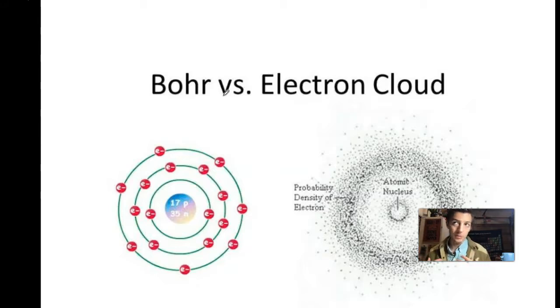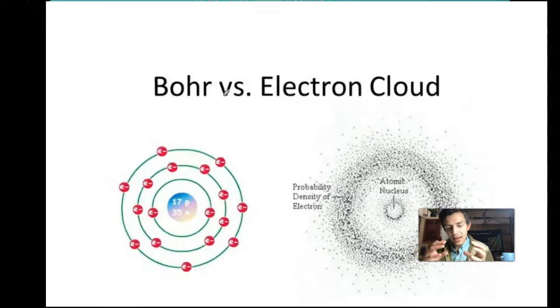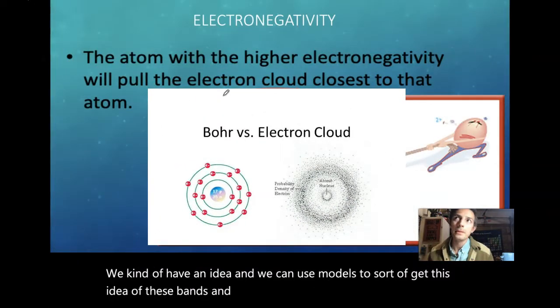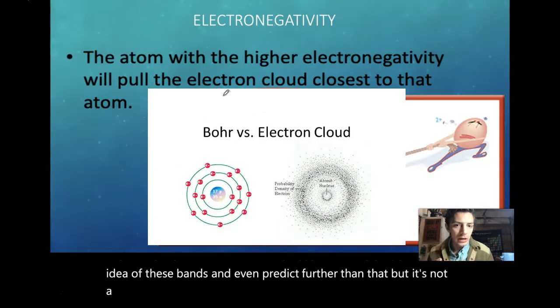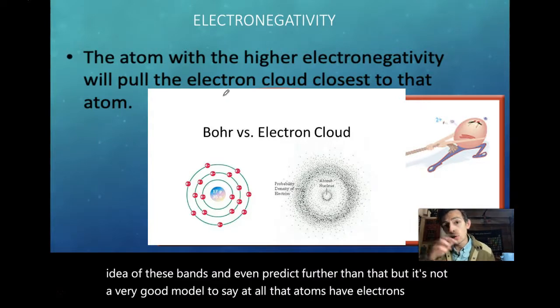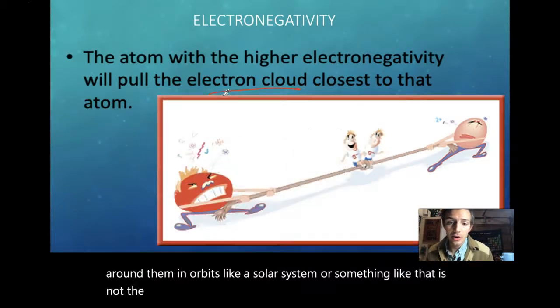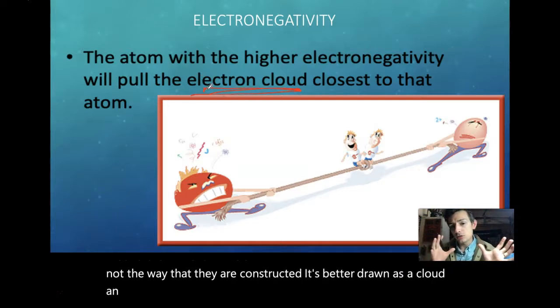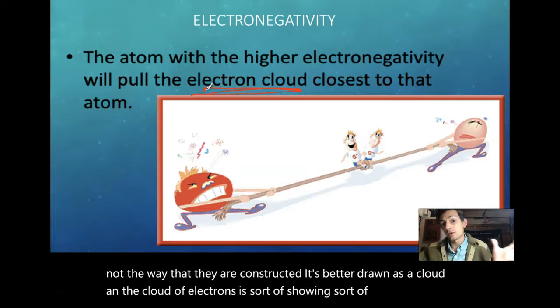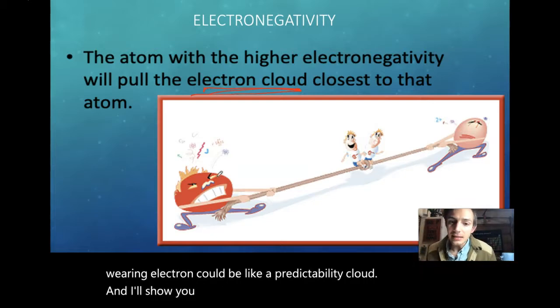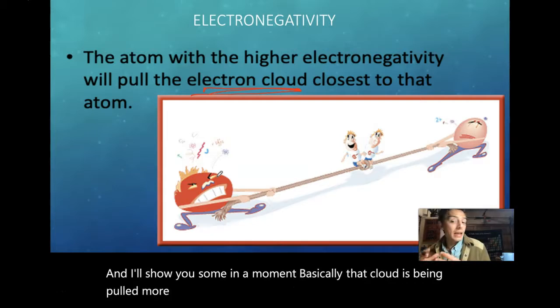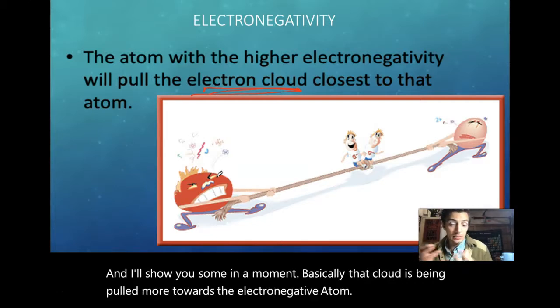We kind of have an idea, and we can use models to get this idea of these bands and even predict further than that, but it's not a very good model to say at all that atoms have electrons floating around them in orbits like a solar system or something like that. That is not the way that they are constructed. It's better drawn as a cloud. And the cloud of electrons is showing this sea of where an electron could be, like a predictability cloud. Basically, that cloud is being pulled more towards the electronegative atom that's involved in the bond.